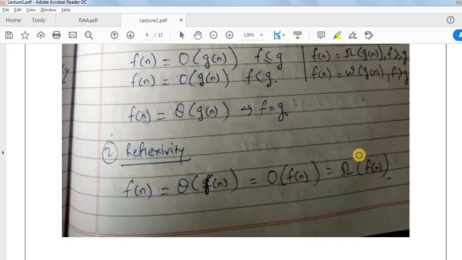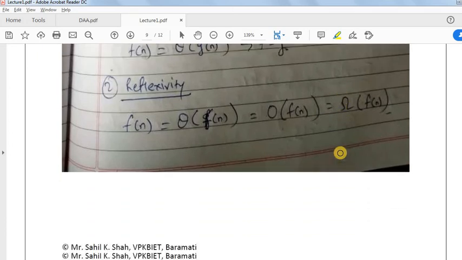What is the lowest possible upper bound for 3n plus 5? n itself. So I can say the function 3n plus 5 is equal to big O of n, which is equal to the greatest possible lower bound, omega of n, which is equal to theta of n. A function represented in terms of theta, big O and big omega notation: reflexivity.